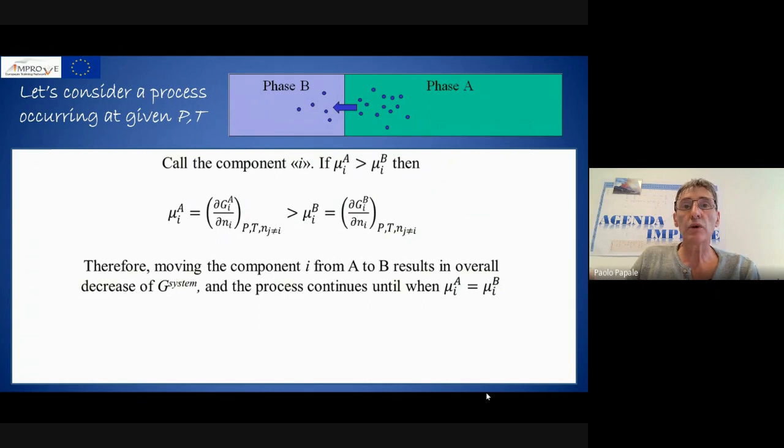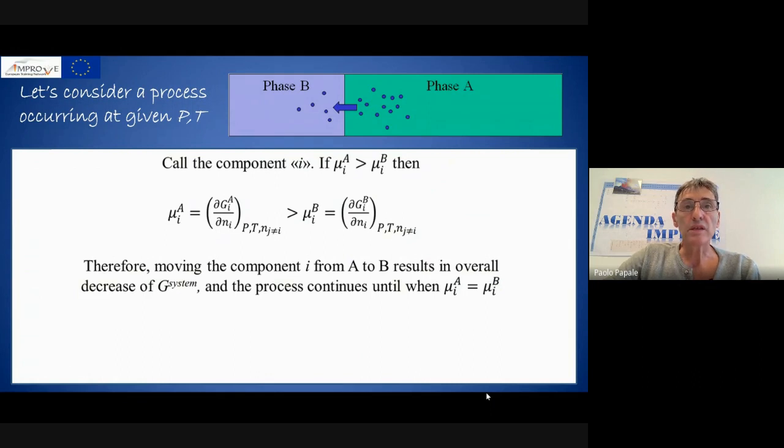Consider the behavior of one component, here represented as blue dots. Say that initially the chemical potential of the component in phase A is greater than the chemical potential of that same component in phase B. We have seen that at constant pressure and temperature, minimization of the Gibbs energy is the criterion for equilibrium.